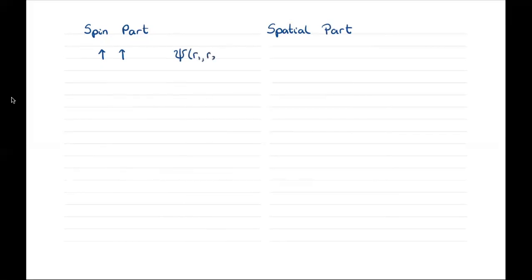And the way that we can make an antisymmetric wave function of electron 1 and electron 2 is to put electron 1 in the 1s orbital, electron 2 in the 2s orbital. Of course, we can equally likely have electron 1 in the 2s orbital and electron 2 in the 1s orbital.